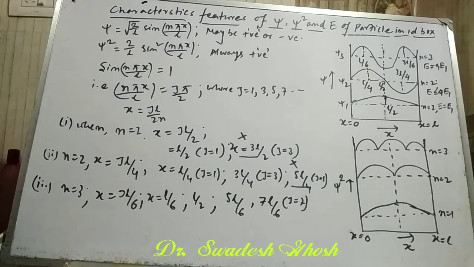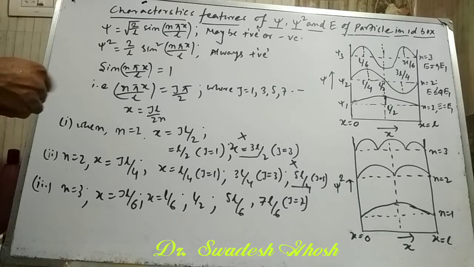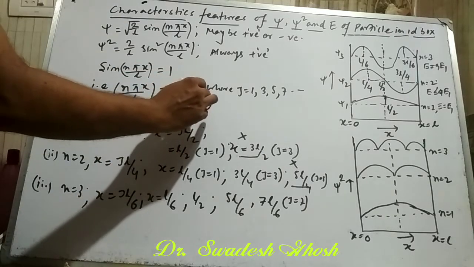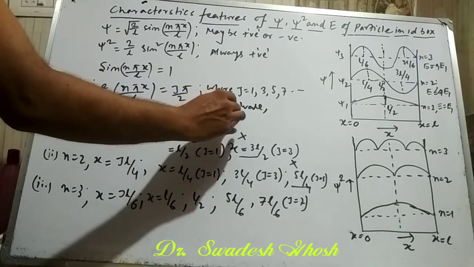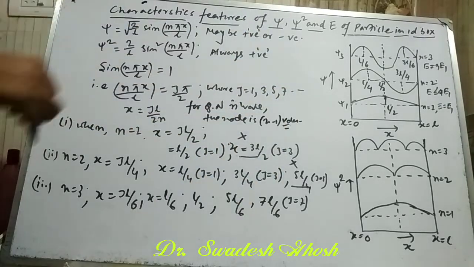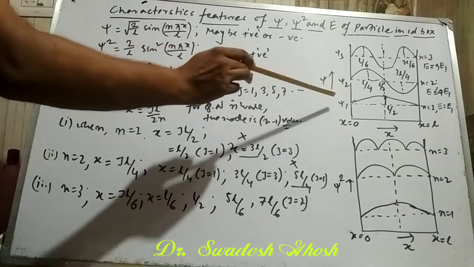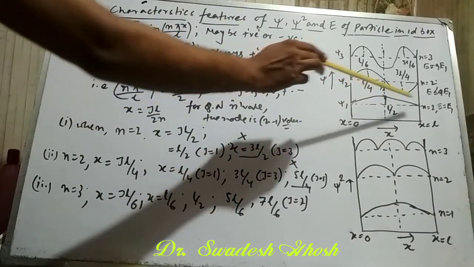It is important to note that for quantum number n, there are n minus 1 nodes. So the question arises: what is the number of nodes for quantum number n equal to 1?